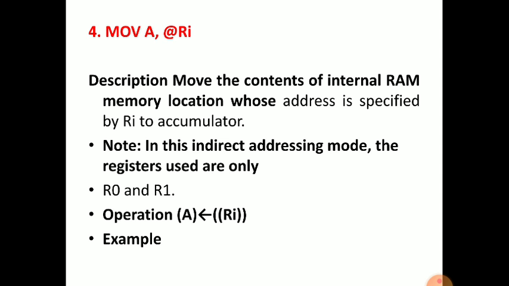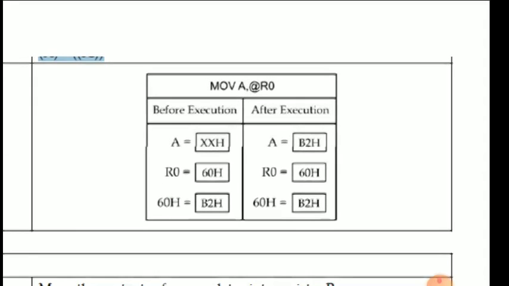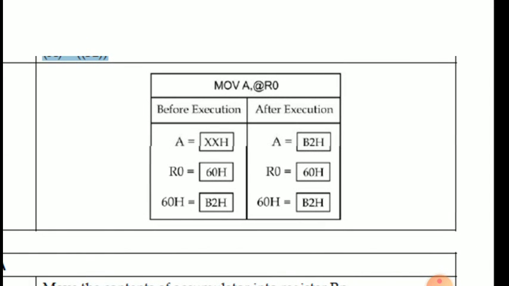So the fourth type of instruction we have seen is MOV A, @Ri. This is an indirect way of accessing the data. The example to understand this instruction is MOV A, @R0.